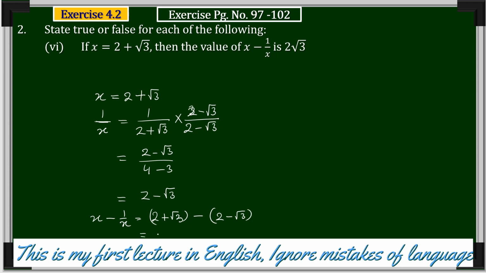Now open the brackets: 2 plus root 3 minus 2 plus root 3. 2 has its additive inverse minus 2, so you can cancel them. Root 3 and root 3 are both positive, so you have to add them. So it is 2 root 3, that is given in the statement. So this statement is true.